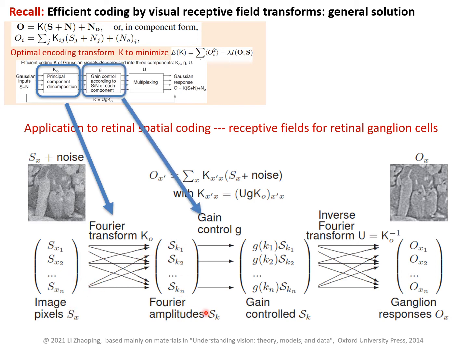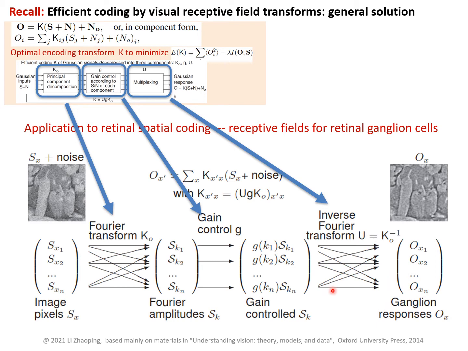Gain control is to give a specific weight to each Fourier component according to its signal power in this component. And multiplexing is the inverse Fourier transform.